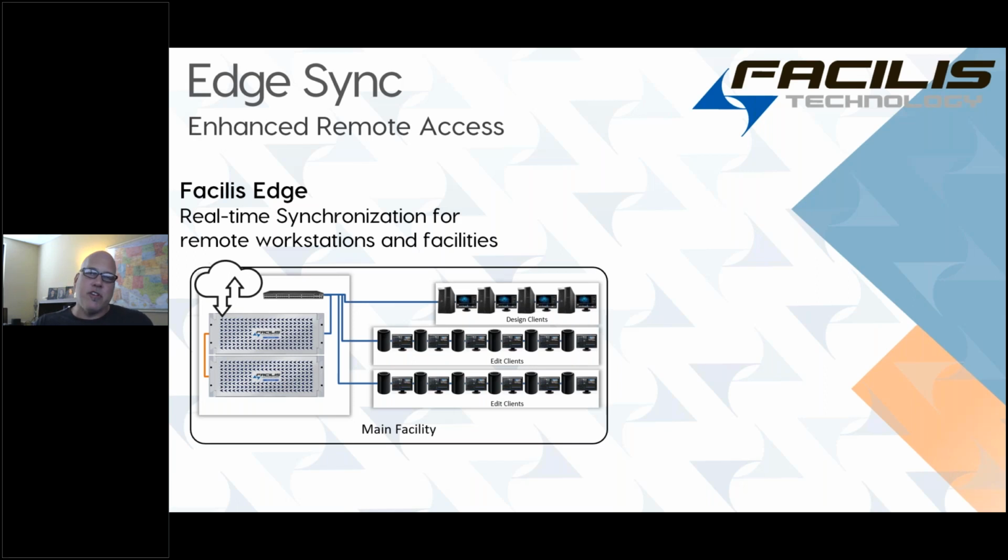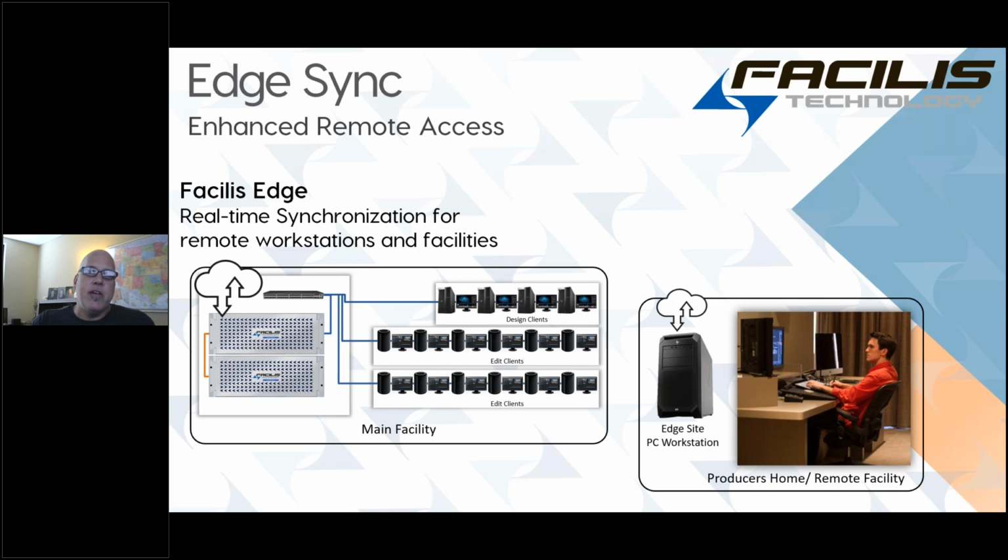When you then convert that to Edge Sync, now you get a second site. That second site can be a PC, for example, that's at someone's house. That PC simply loads the Object Cloud software, gets an Edge Sync license, and uses an internal drive to be the cache, because they're not on a Facilis system, so they have to have something for a cache drive.